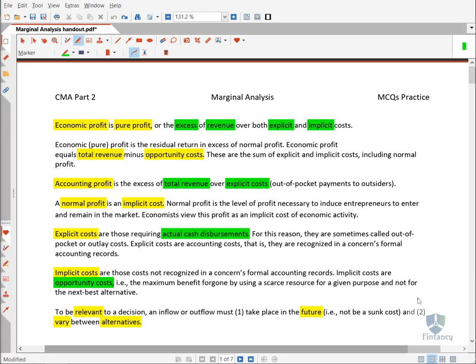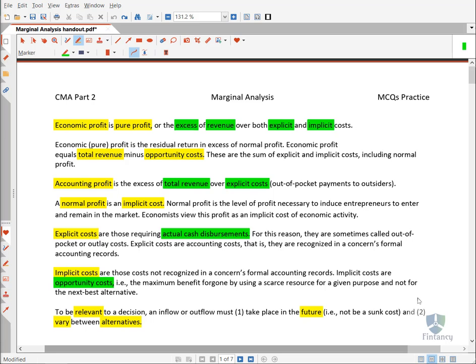We have already covered the CVP analysis, we have already covered the pricing area, and now we are on the marginal analysis. Apart from that, we have also done a lot of essay questions on this topic, right? So let's see some of the MCQs on marginal analysis.